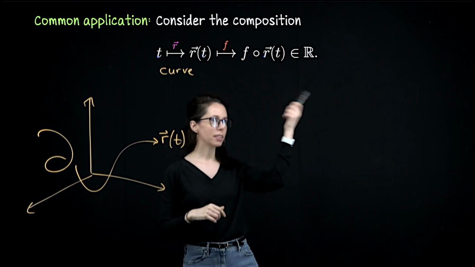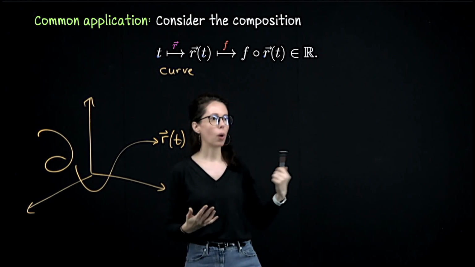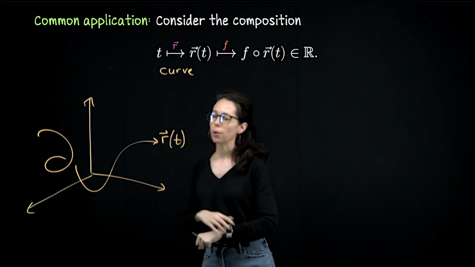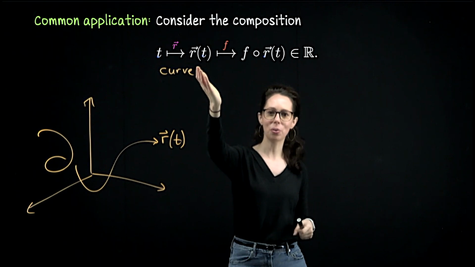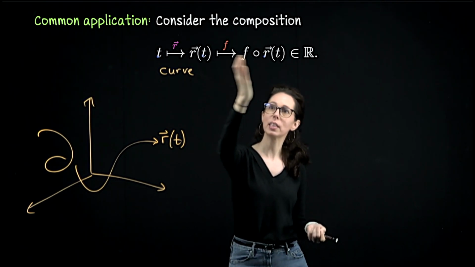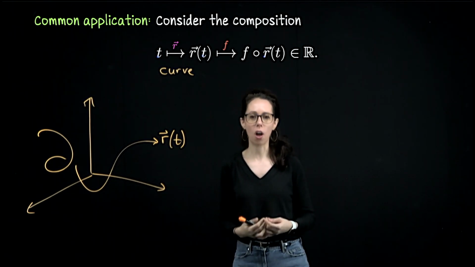Perhaps my curve is in this room and f is measuring temperature. So I'm saying, well, how does the temperature change as we move along this curve? So that is what this kind of composition does: it starts with scalars, goes to some kind of Euclidean space, R2 for a plane curve, R3 for a space curve, and then sends us back to scalars. Think of that as evaluating some scalar quantity along a curve.